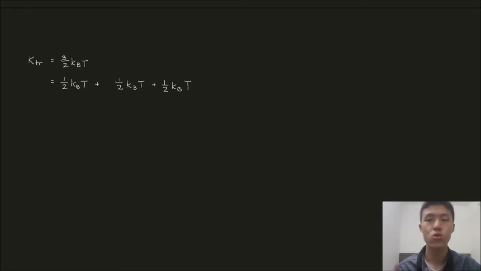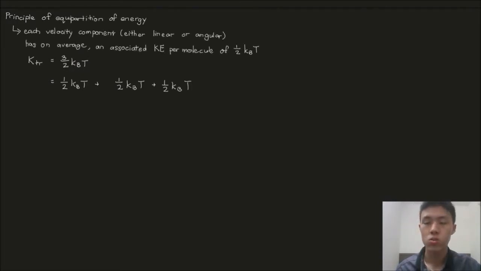Why do I do so? Based on really complicated statistical analysis, we have figured out something called the principle of equipartition of energy. So let me write down the definition first. Through statistical analysis, we have found out that the 3/2 kBT that we have for translational kinetic energy is made up of three equal parts of half kBT.